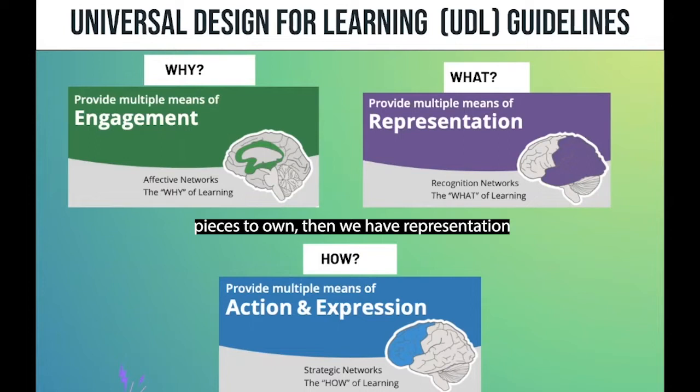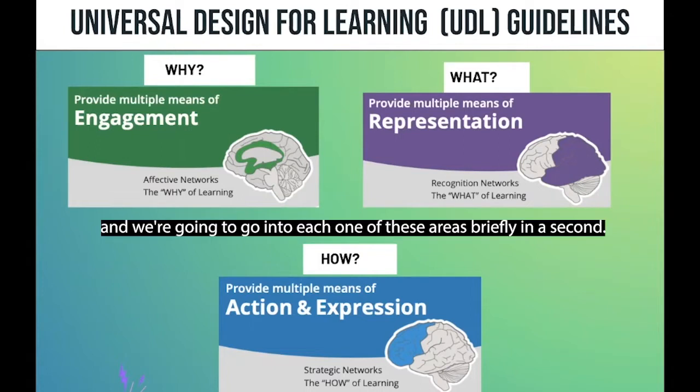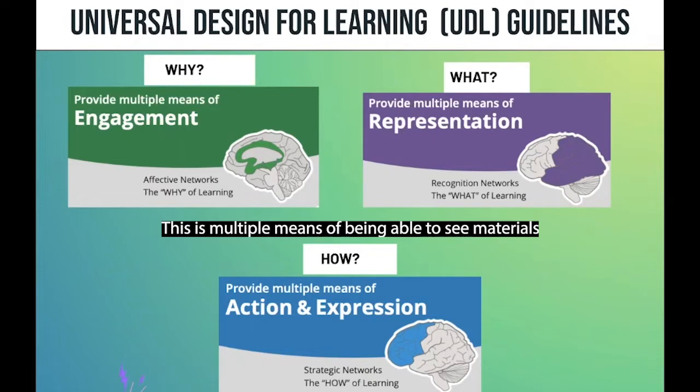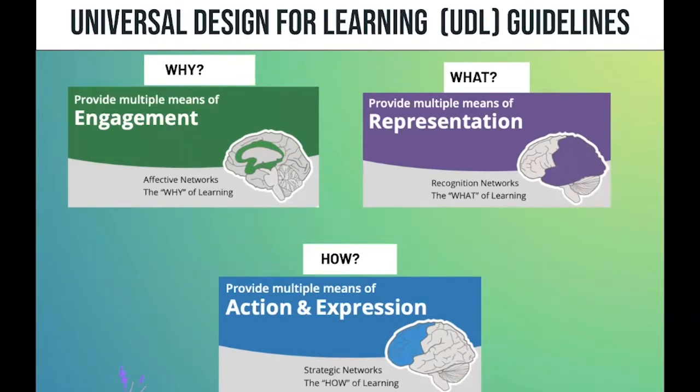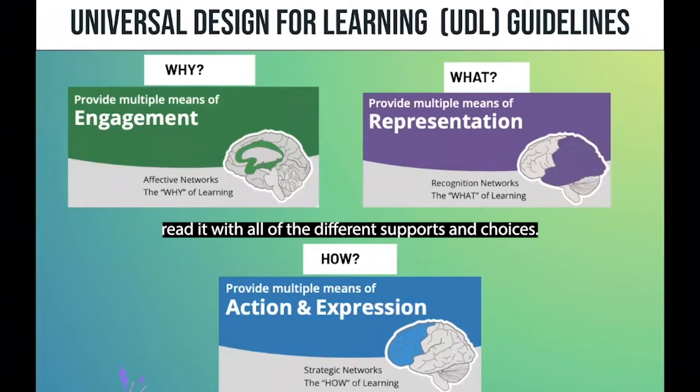Then we have representation, and we're going to go into each one of these areas briefly in a second. This is multiple means of being able to see materials, like Bookshare, which is a wonderful way to hear it, see it, and read it with all of the different supports and choices. And then the last one is how.